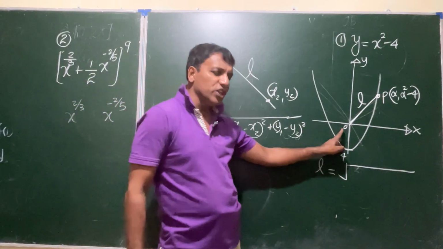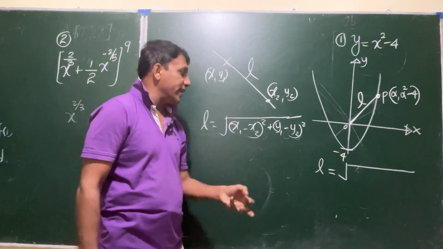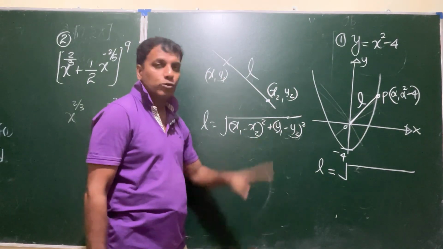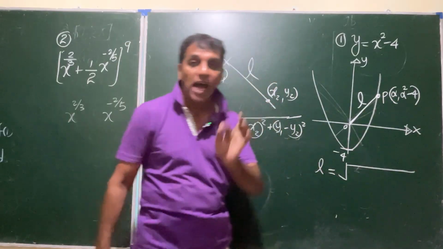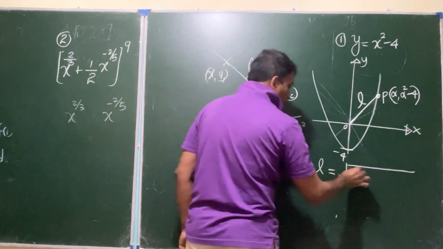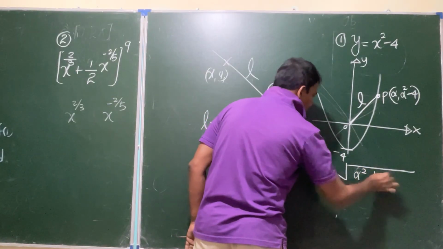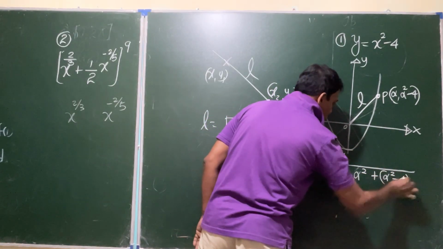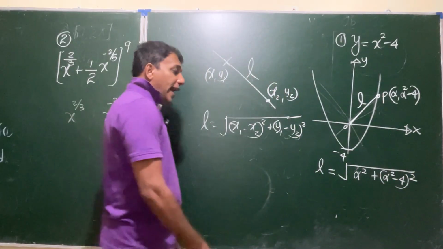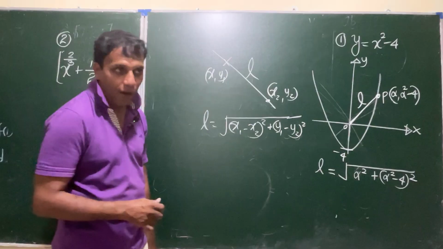Here one point is the origin, right? x1 is 0, y1 is 0, or otherwise x2 is 0, y2 is 0. Therefore straightforwardly this square sum is the answer. So L equals the square root of alpha squared plus alpha squared minus 4 all squared, right? This is L, the distance between the origin and the particular general point.